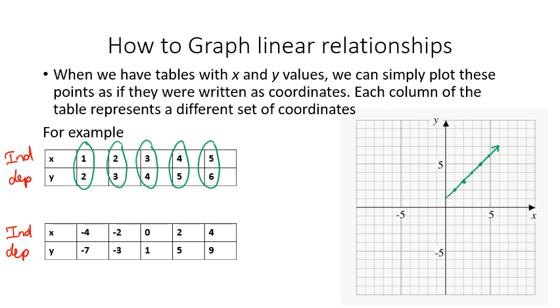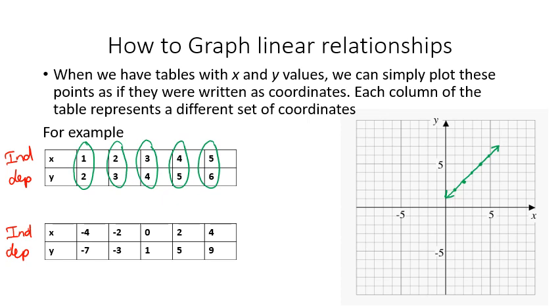Now I'm going to put arrows on this line because although I've only been given 5 sets of coordinates, I can see that the relationship is actually linear because it's in a straight line, and that graph would continue going if I was given different sets of values for my independent variable.